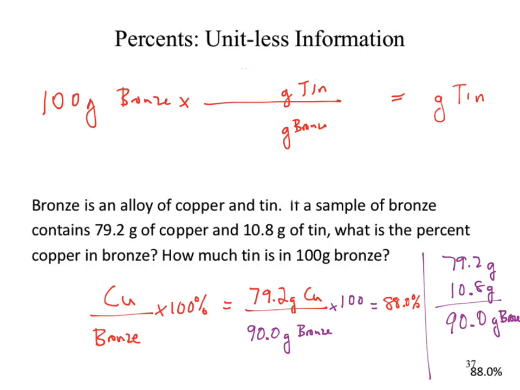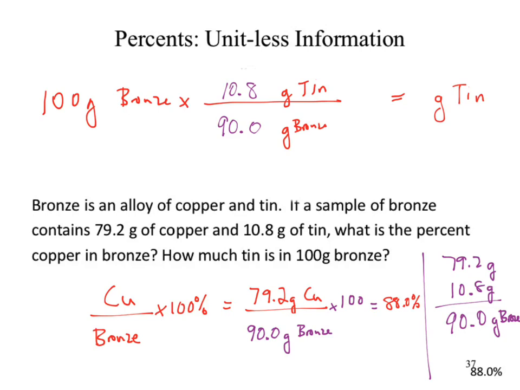What we just did. We know that in a 90 gram sample of bronze, there are 10.8 grams of tin. And I could run through the calculation and I would get the correct answer.